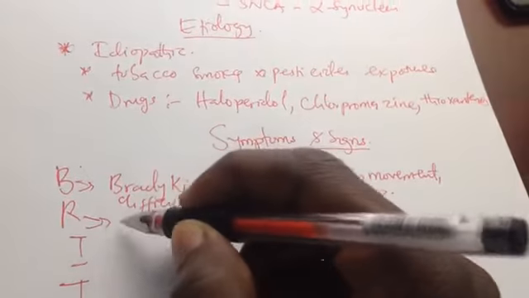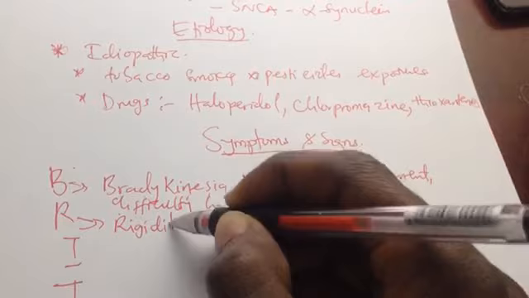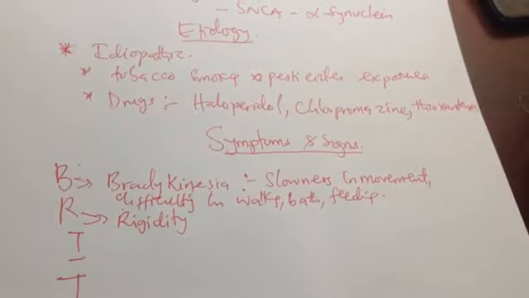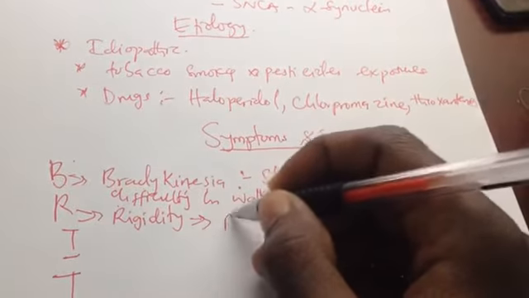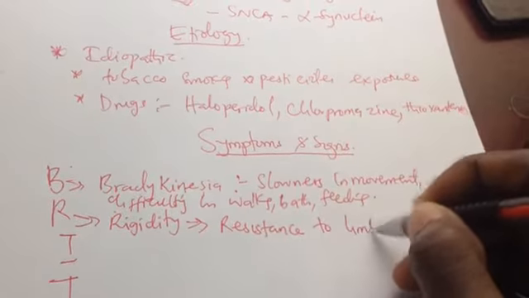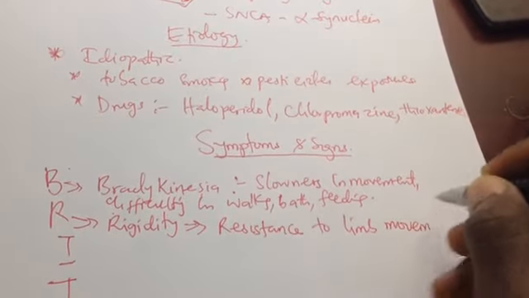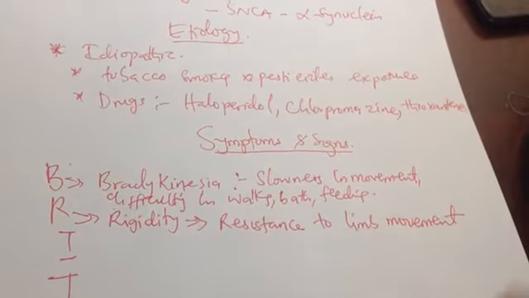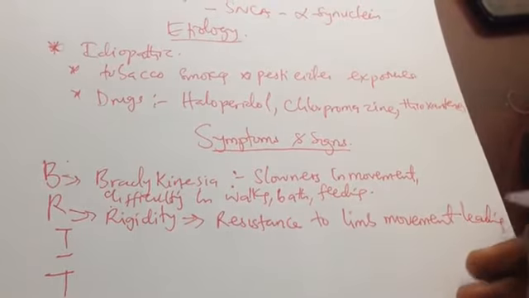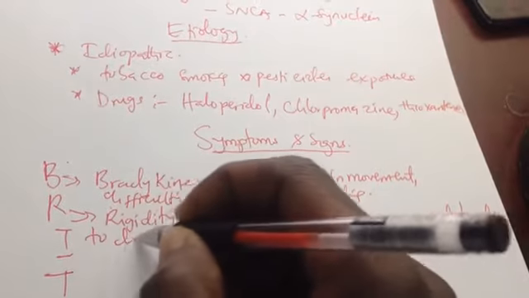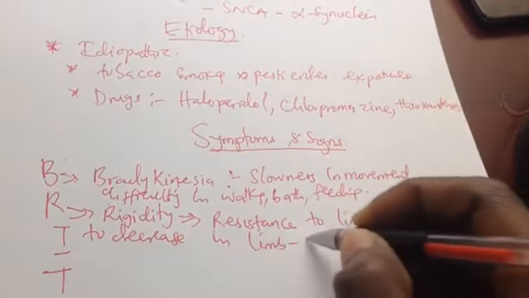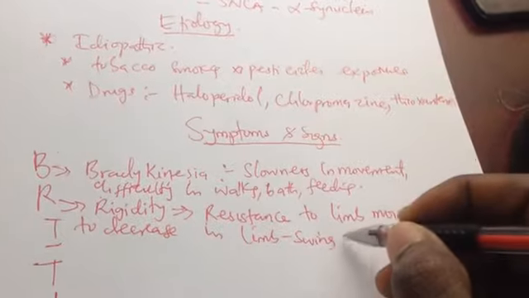Then we have rigidity. Rigidity means the patient has a kind of resistance to limb movement, even to the extent that there is a decrease in swinging of the hand, leading to decreased limb swinging when walking.